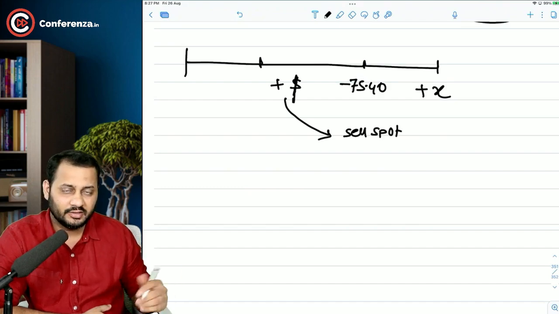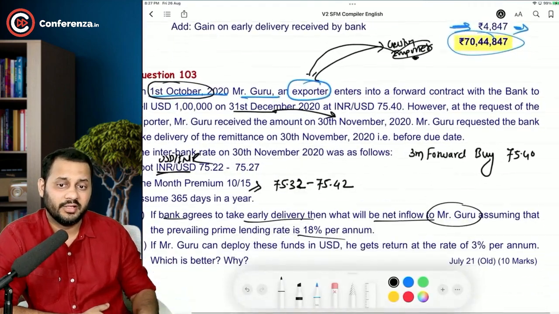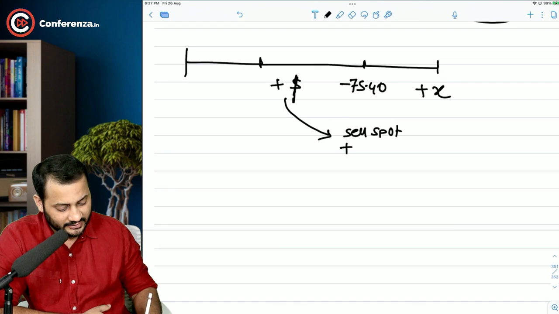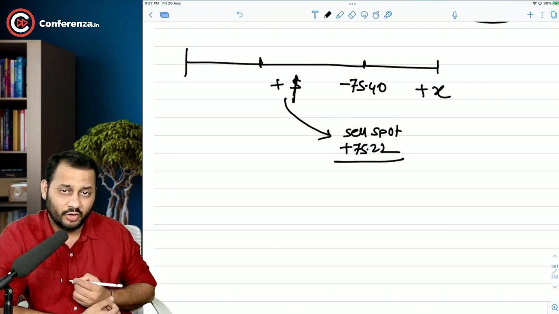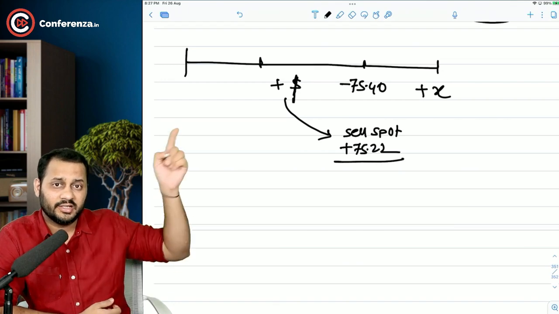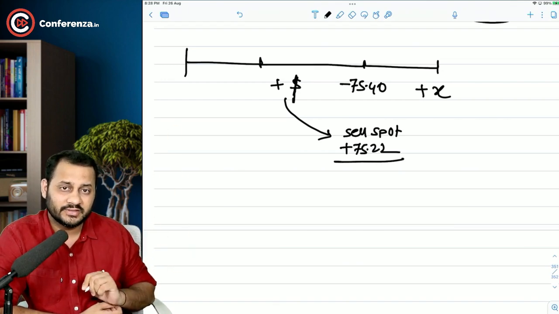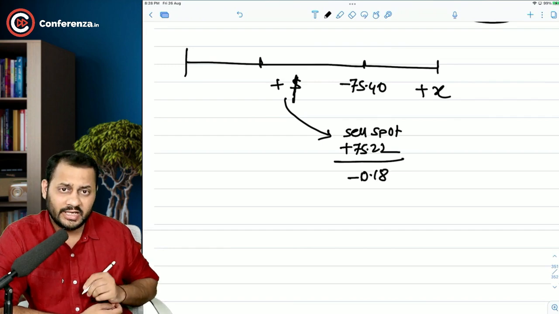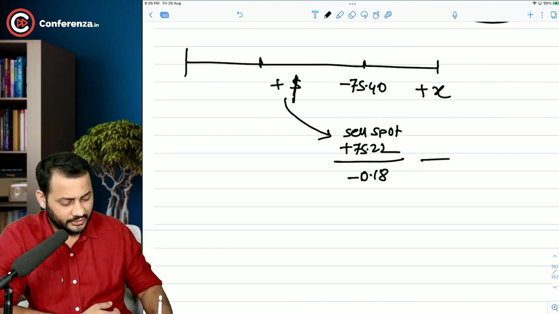The bank will sell it, the other bank will buy it. Bid rate will be applicable, 75.22. So we will sell it at 75.22 and we will receive this much. You can clearly see there is a loss to the bank. They bought it at 75.40 and sold it at 75.22. There is a loss of 18 paisa on every dollar. We will make sure that we recover it.